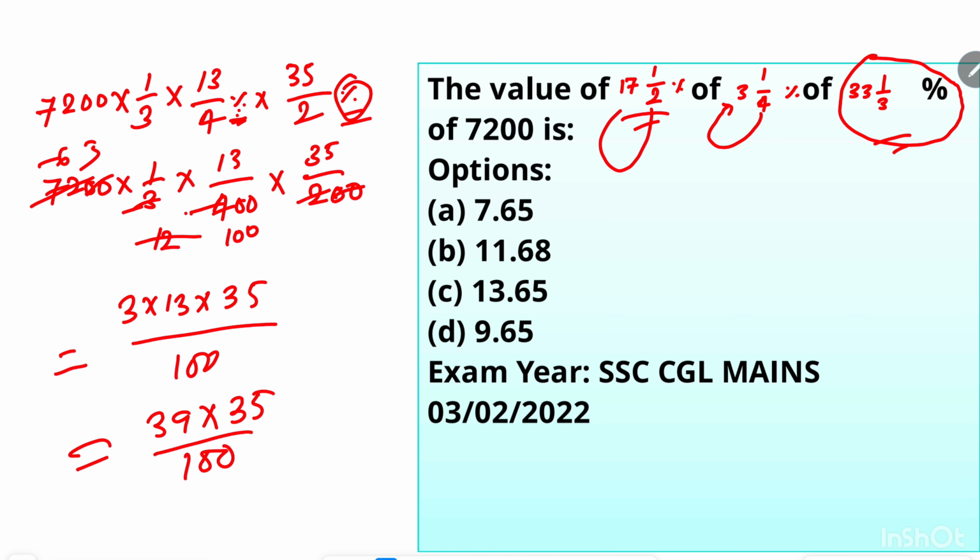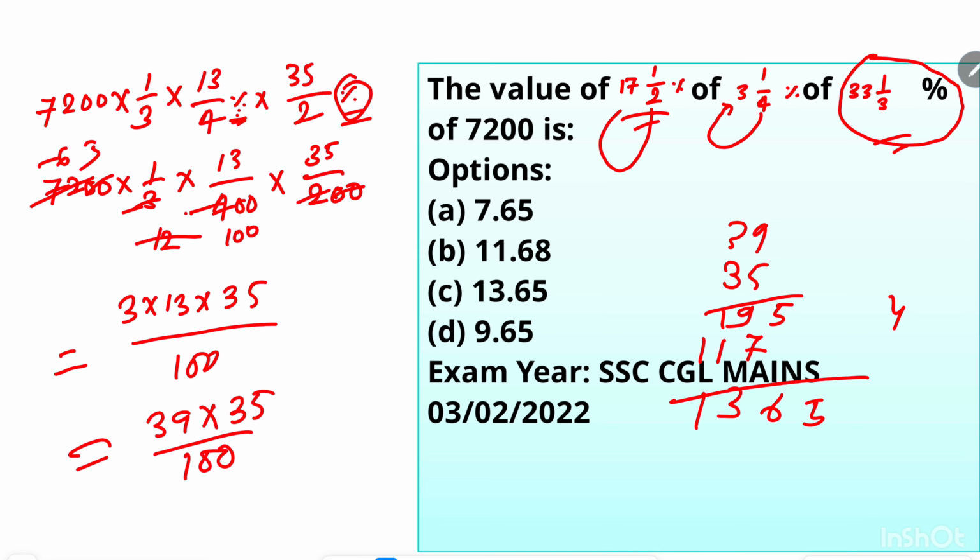If you multiply these two, how much will it be? 5 times 9 is 45, we have 4 here, and then 3 times 5 is 15, 9 times 7 is 63, so how much will it be? 1365.